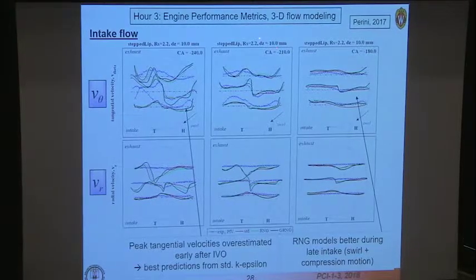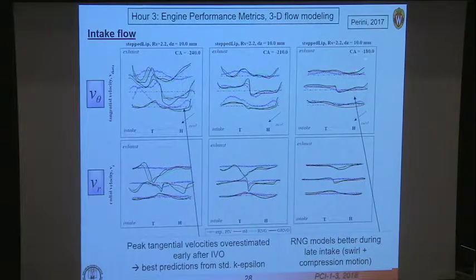This crank angle at that location. But if you go a little bit later, you see that actually all of the models do quite well, with the exception of this red one here, which is the standard K-Epsilon model. But the RNG models do quite well. And they capture the details of the flow field measurement.